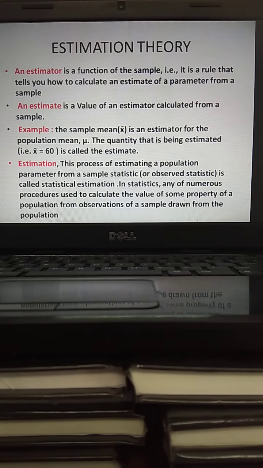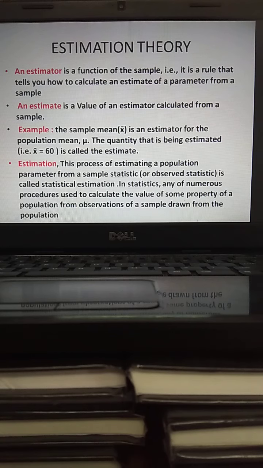So what is an estimation here? The process of estimating a population parameter from a sample statistic is called statistical estimation. That is, in statistics, numerous procedures are used to calculate the value of some property of a population from observations of a sample drawn from the population.